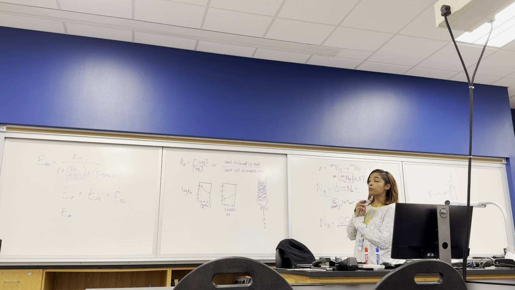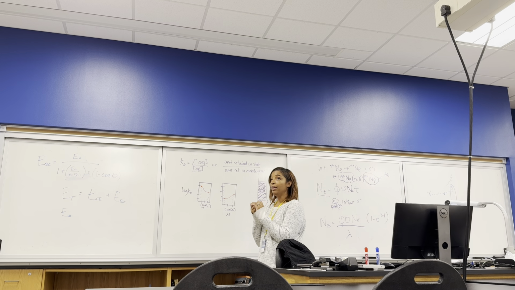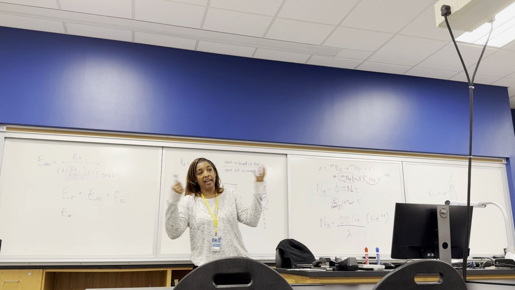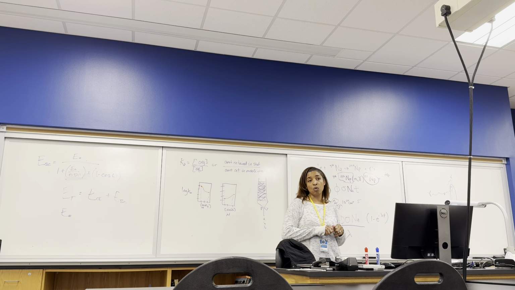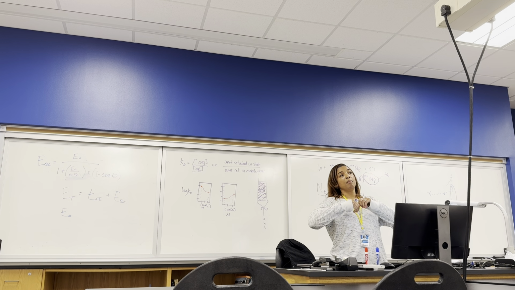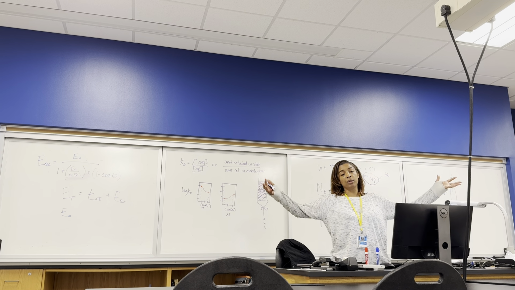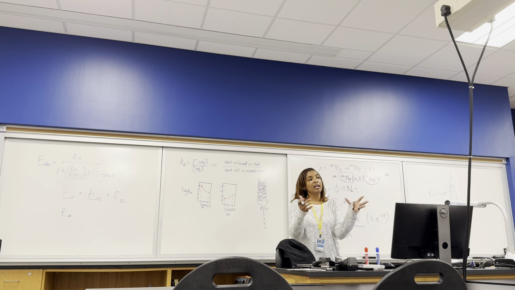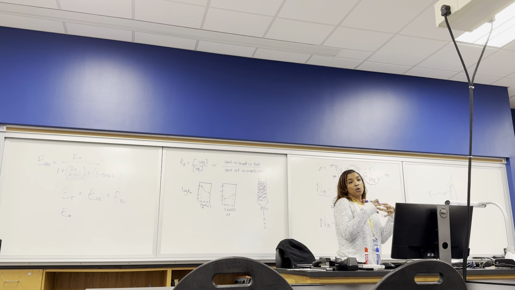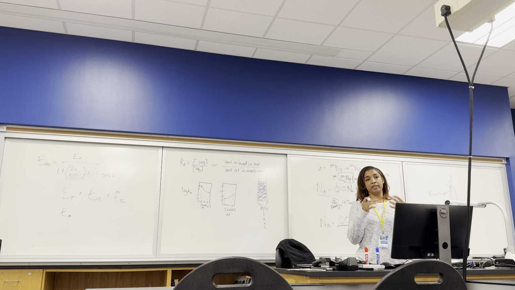If your Q value is positive, it can be a spontaneous reaction, and it would be considered exoergic because energy is being released. So if you have to supply energy to the reaction, it's going to be endoergic, or the Q value is negative.